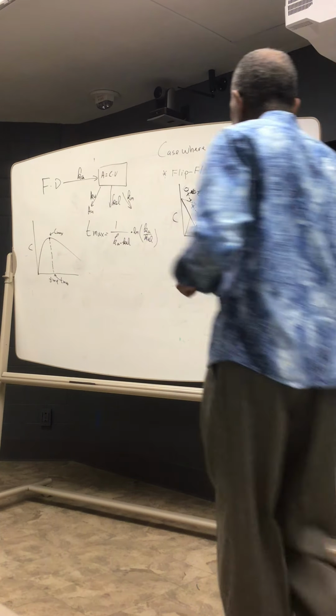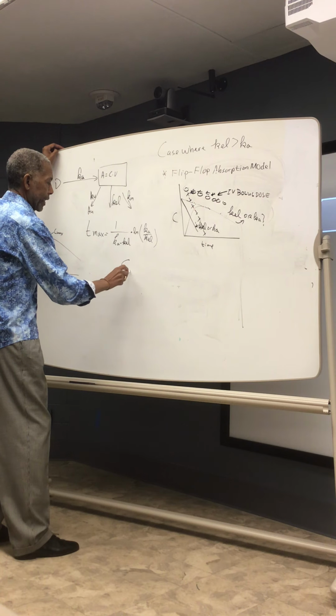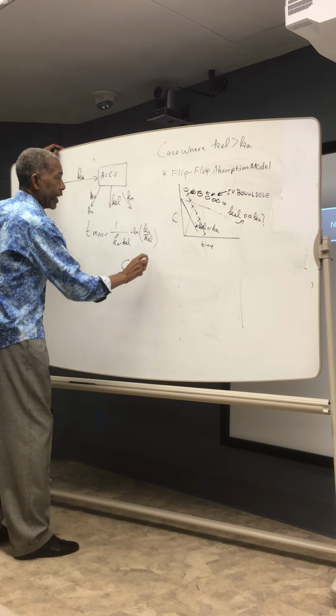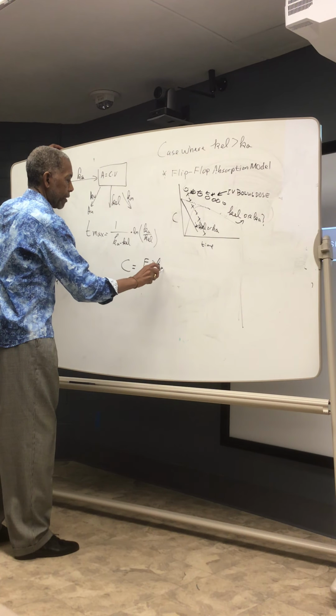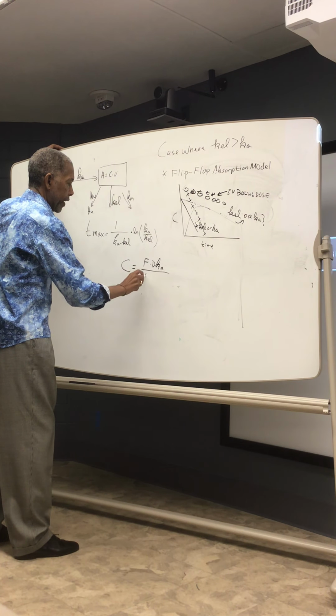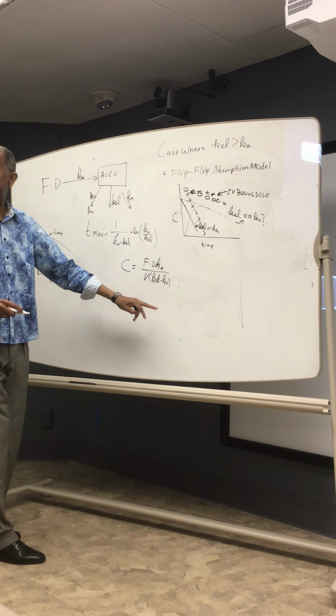So, with that being said, the equation, something that I find kind of interesting. The equation for this flip-flop model: F times D times KA, divided by V times KEL minus KA in the denominator. Remember, KEL is greater than KA.